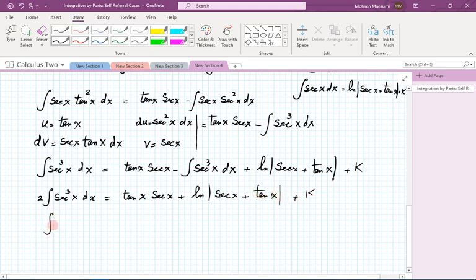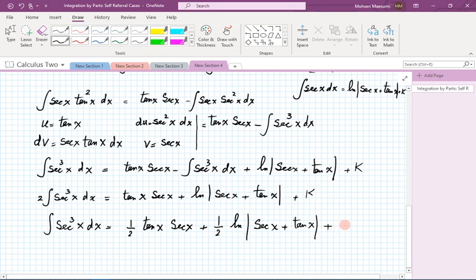So if I want my integral of secant cubed of x dx, that's going to be half of this, half of that, and half of that.